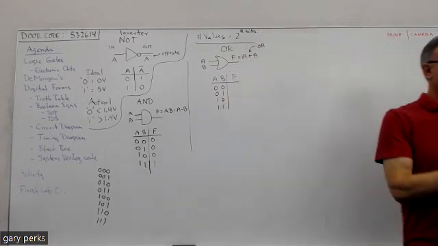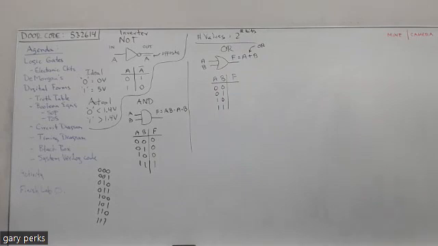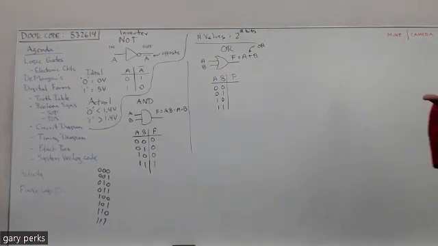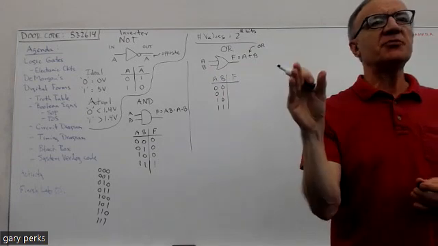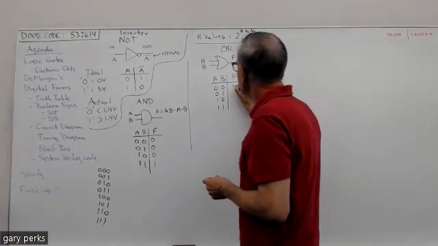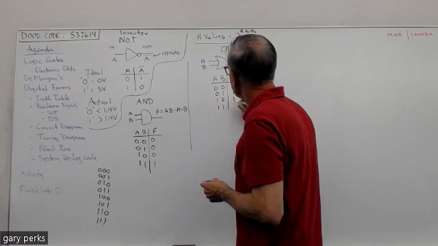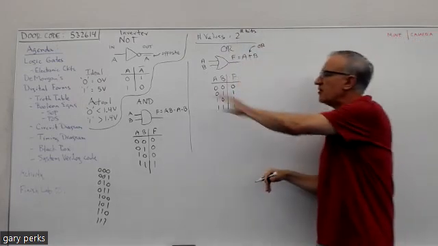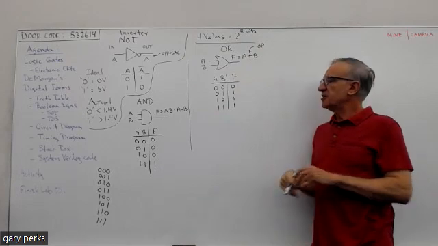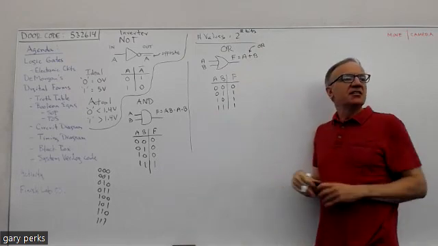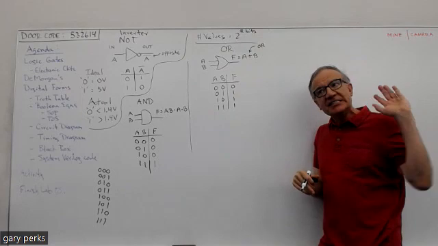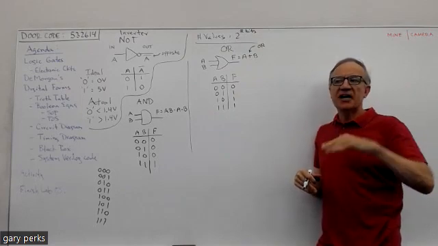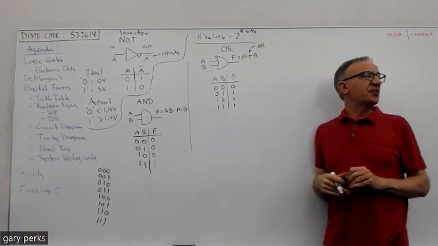With an OR gate, it only takes one input to be a 1, and you'll get a 1 out. The only time you get a 0 out of an OR gate is when all the inputs are 0. So you see the truth table for an OR gate would look like this. And this is true no matter how many inputs you have. You could have 2, 3, 4, 16, no matter how many, as long as at least one of the inputs is a 1, I'm going to get a 1 out. I only get a 0 out of an OR gate when all the inputs are 0.